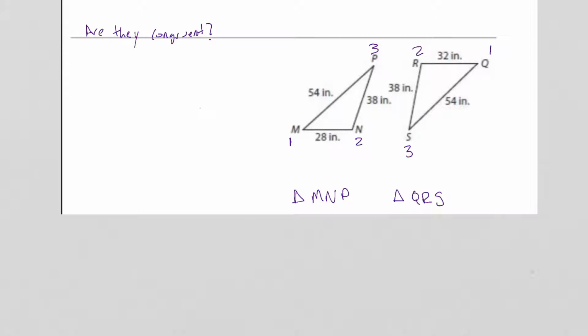So let's take a look. Well, the 1 and the 3 is MP. So MP is 54. Here's the 1 and the 3 for SQ, also 54. So these two things are congruent. There's one side. What about PN?